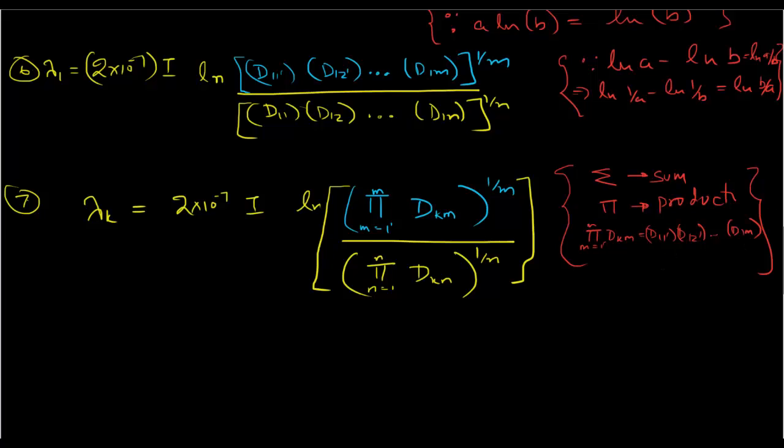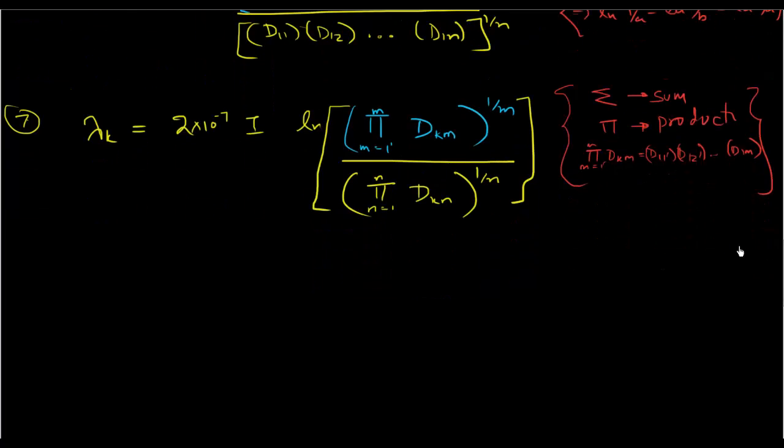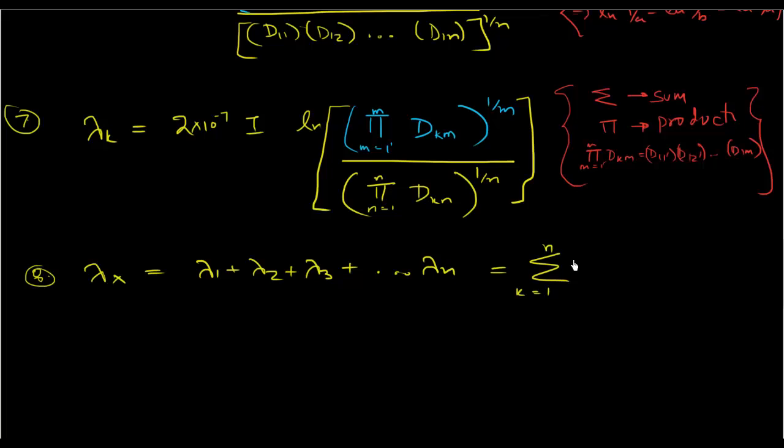All right, so that was for one strand. Now for the whole conductor, so we got the flux linkages for one strand k. For the whole conductor, lambda x, we'll have the summation over all the strands, right? All the way up to n in this case, because x has n strands, which can also be written as k equal to 1 to n of lambda of k.